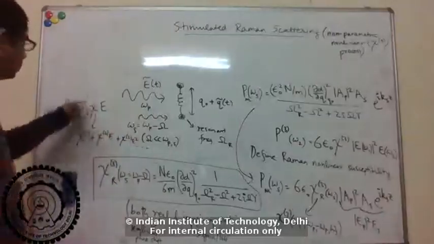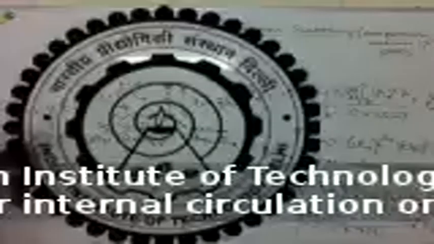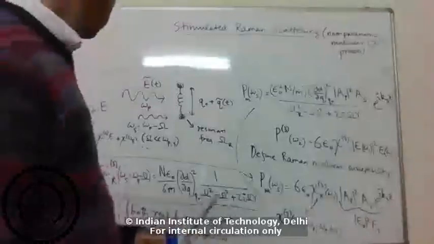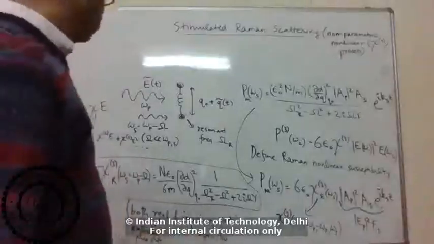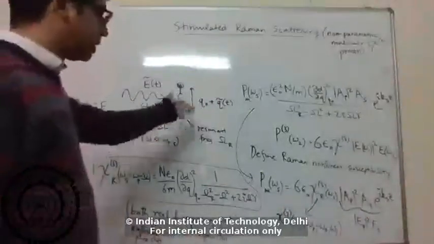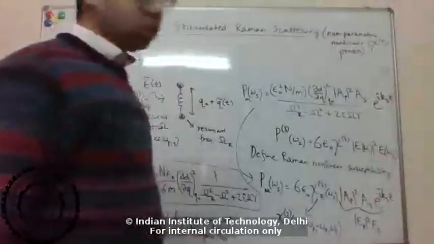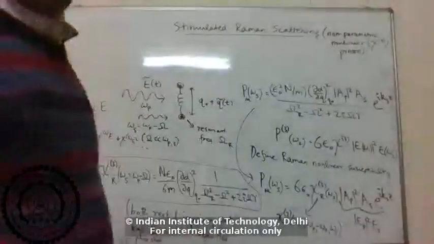So here, alpha we had. This is what is giving me the nonlinear term. Yeah, so basically that's what we did, and then the nonlinear term is giving me the Raman coupling.